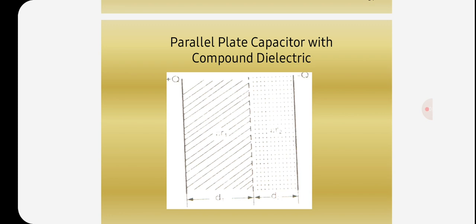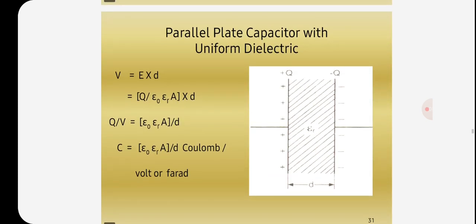Now, the parallel plate capacitor with compound dielectric. In the capacitor with uniform dielectric, the capacitance C is equal to epsilon naught epsilon r A by d.